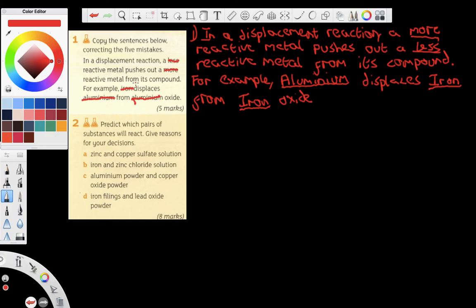So, question 2 says, predict which pairs of substances will react, give reasons for your decision. So, reaction A, you should have said that there will be a reaction because zinc is more reactive than copper.